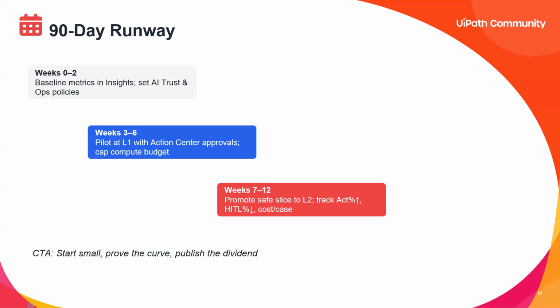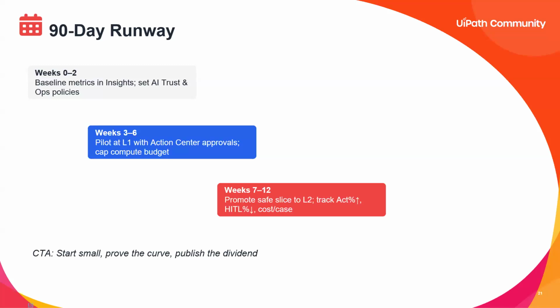And next, week 7 to 12, scale and refine. If the pilot is successful, we promote a safe slice of the work to level 2, where we have a low risk autonomous section, and we actively track the improvement in act percentage, the reduction in human in the loop percentage, and monitor our cost per case.